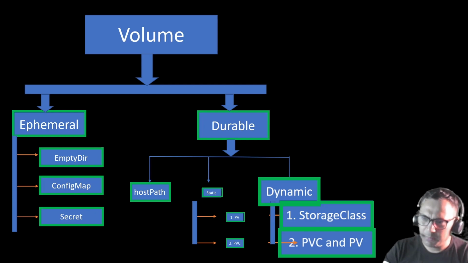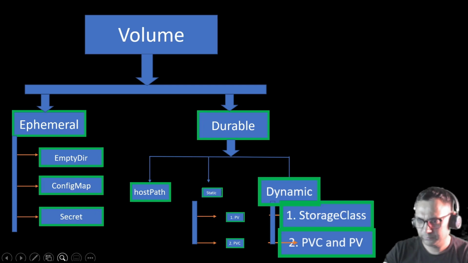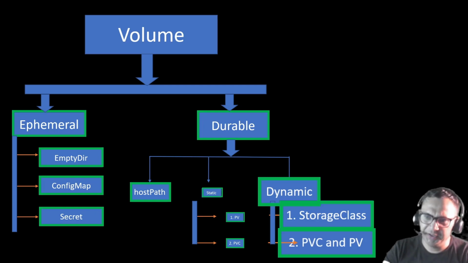So Kubernetes came up with one solution called dynamic volume. In this, the first team that is managing the Kubernetes cluster will create a storage class object in advance. Now the deployment team needs to create only a PVC and mention that storage class name in the PVC configuration file, meaning the YAML file.